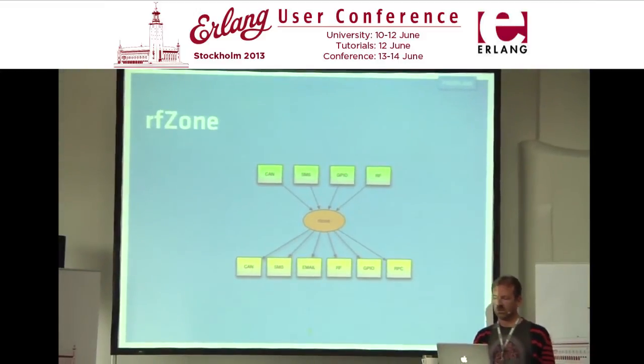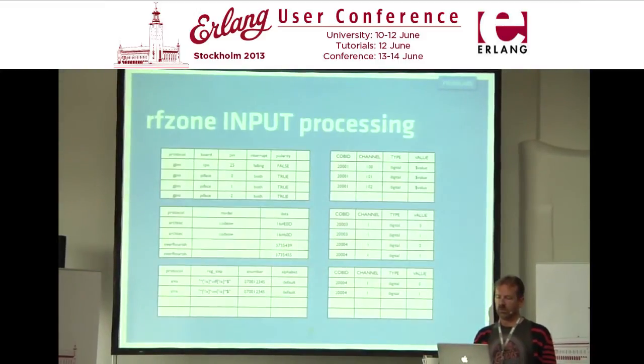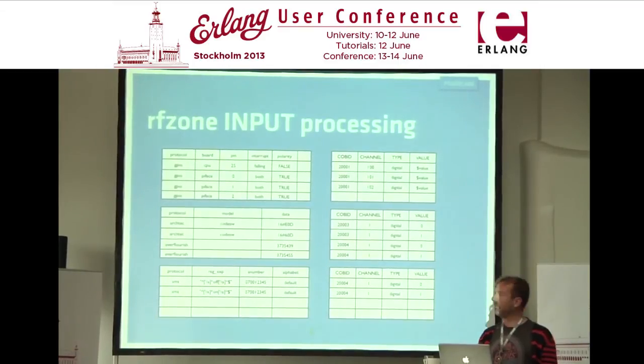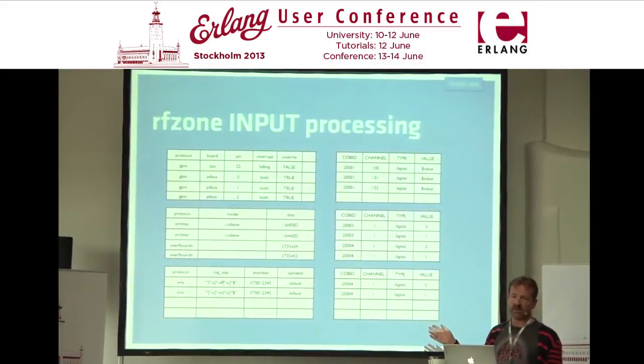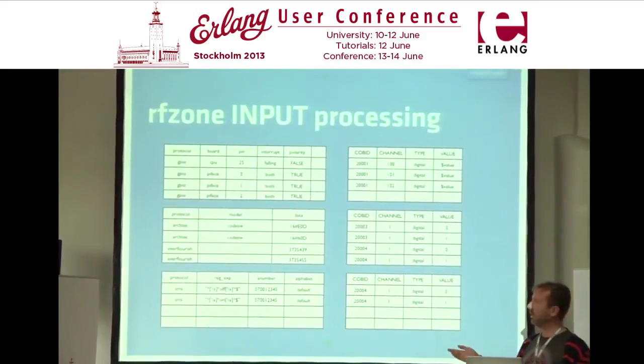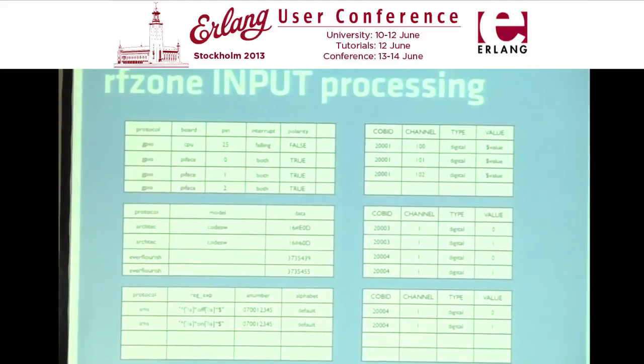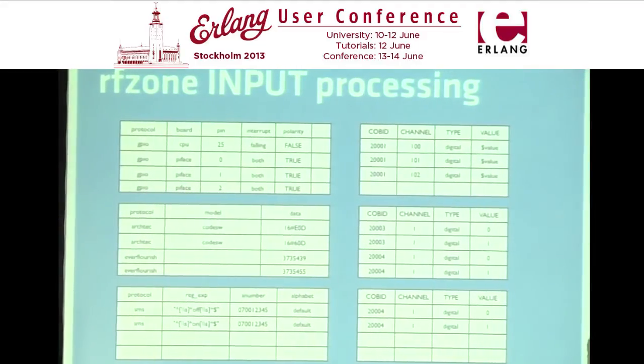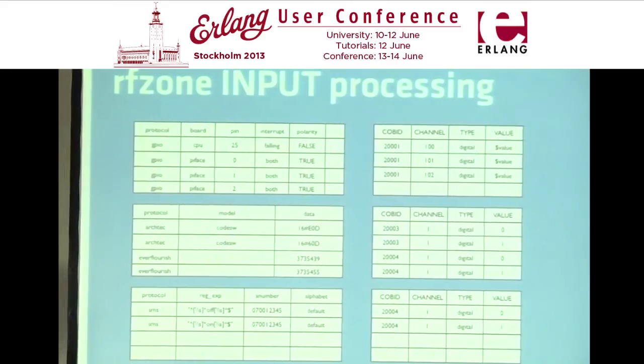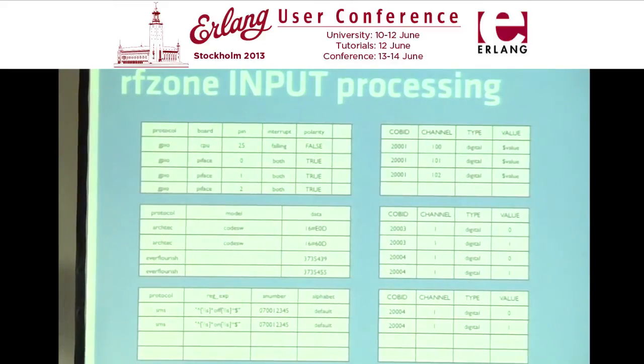It's open source. So the input processing looks pretty much like a table: on the left side you have the events that you want to match on, and on the right you have the CAN messages you produce. So what ends up in the center of this little switch, if you think about it this way, is the CAN messages.